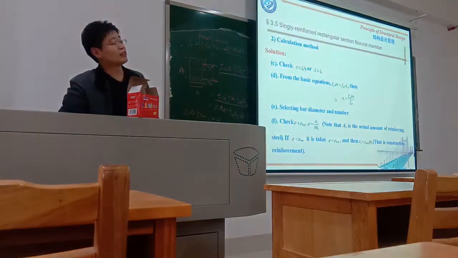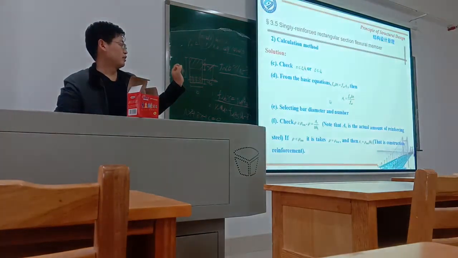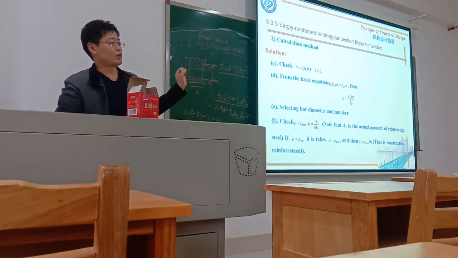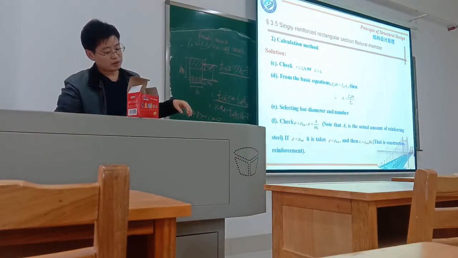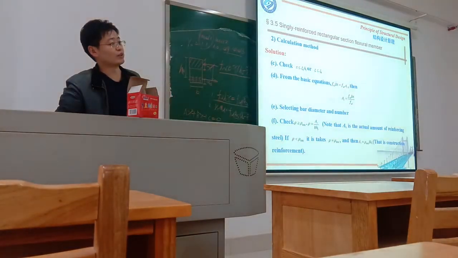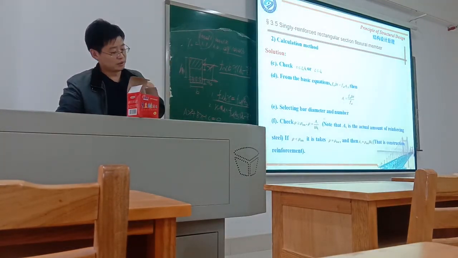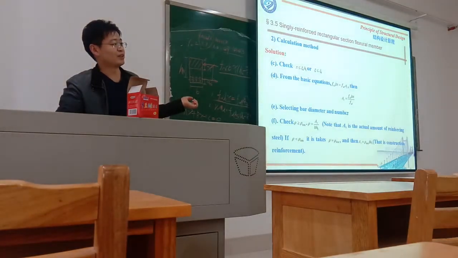Cannot be smaller than this. Because the diameter is fixed, 20 to 24 something. So it's very difficult to make this area just equal to this value. Normally it's a little bit larger than this value.